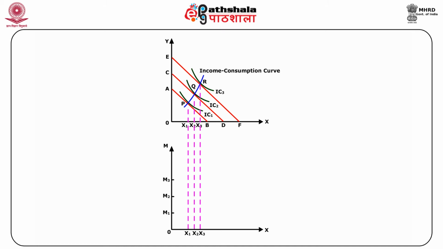Each point of the ICC corresponds to a particular level of income and to a particular quantity of X and Y. The various combinations of the income level and the quantity purchased of good X, that is M1 OX1, M2 OX2 and M3 OX3, are plotted in the lower panel to obtain the Engel curve for good X. The income quantity combinations shown by points P dash, Q dash and R dash in the lower panel correspond to the consumer's equilibrium points P, Q and R respectively in the top panel of the figure.